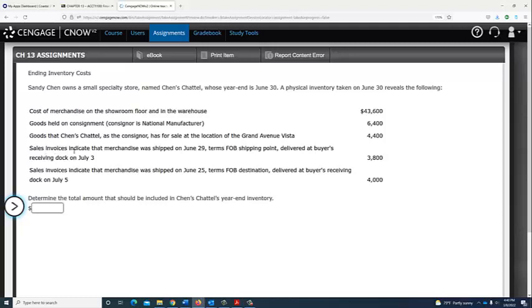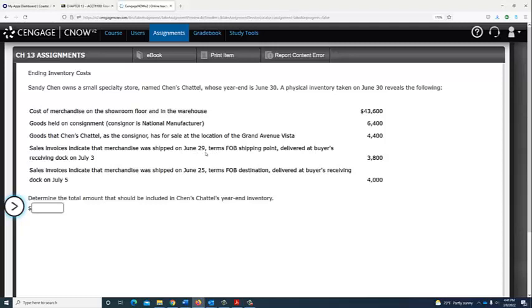Next, we have a sales invoice, and it says that merchandise was shipped on June 29th and delivered to the buyer on July 3rd. Now, year end is June 30th, so these goods are in transit. The way to determine who the goods belong to is to see who's paying the shipping.